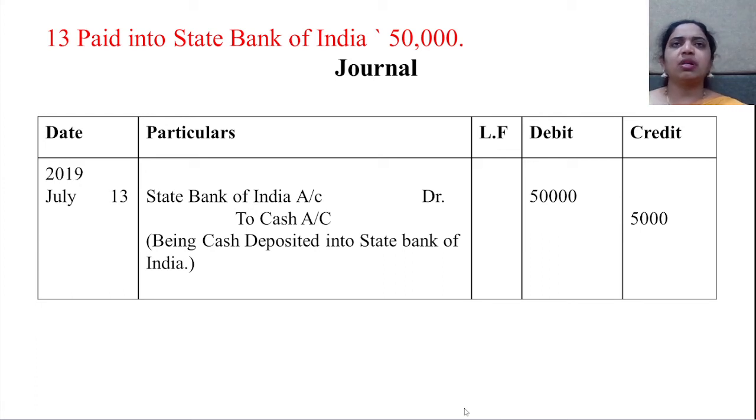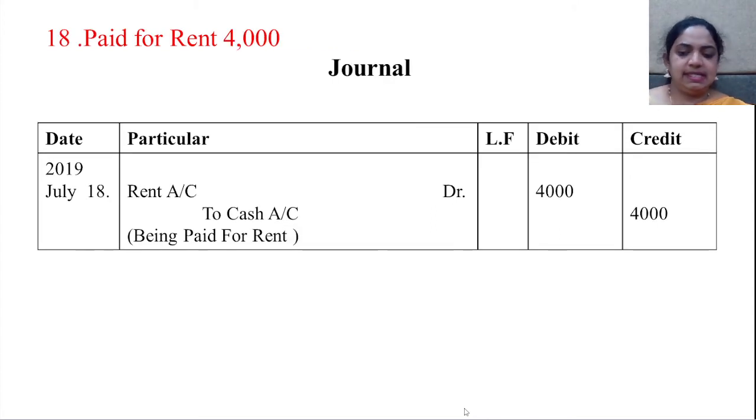Remember, when you do not understand at once, read the transaction again and again to understand who is the receiver, who is the giver, what comes in, what goes out. The transaction says paid into State Bank of India, which means State Bank of India is the receiver because you are giving to them, and cash goes out from our side. So State Bank of India debit 50,000 to cash account 50,000, being cash deposited into State Bank of India. Got it?